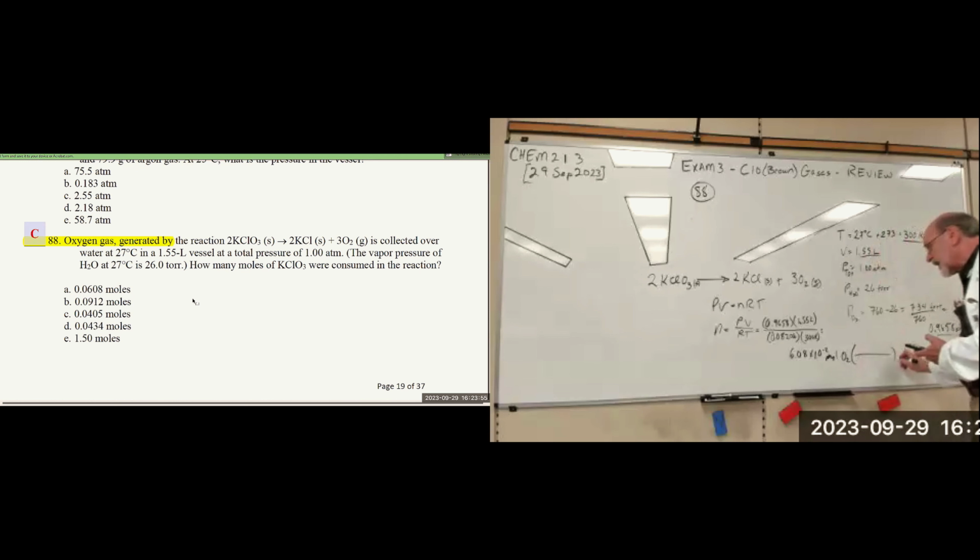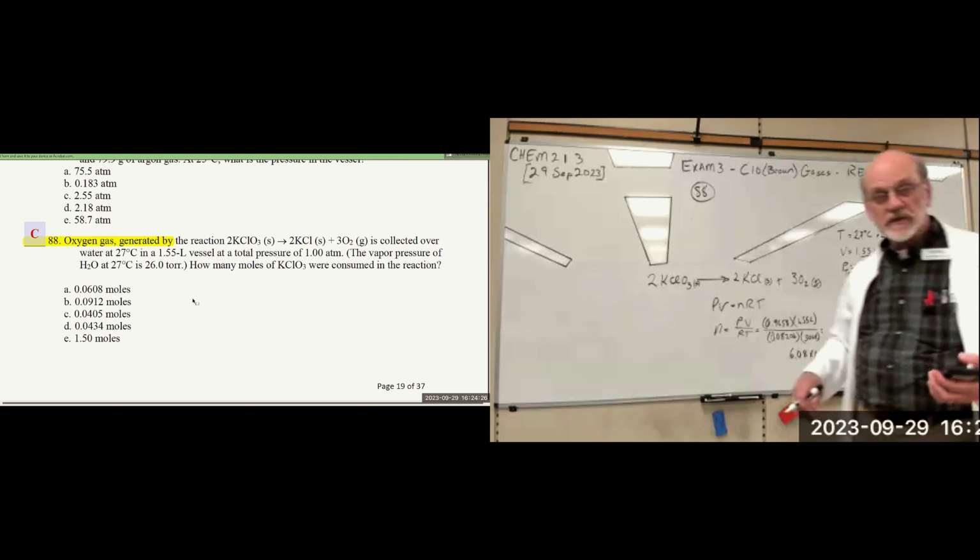We want to convert that to moles of potassium chlorate. So the ratio of oxygen to potassium chlorate is 3 oxygens to 2 potassium chlorate. So 2 times this divided by 3 is 4.05 times 10 to the minus 2 moles of potassium chlorate.